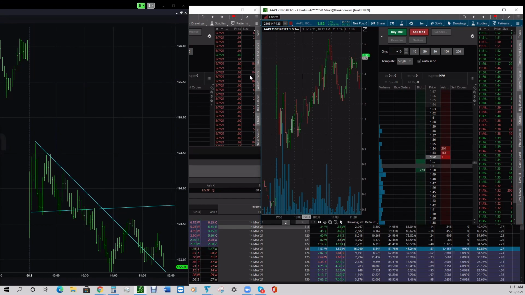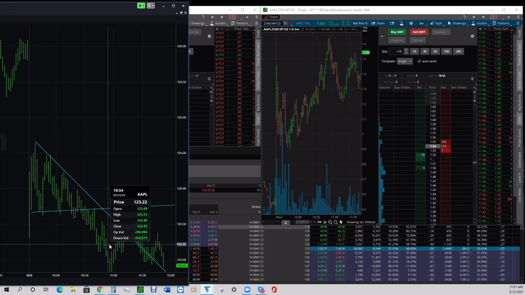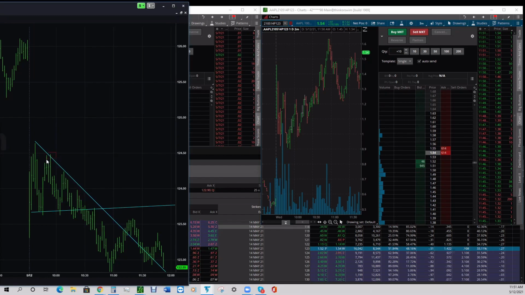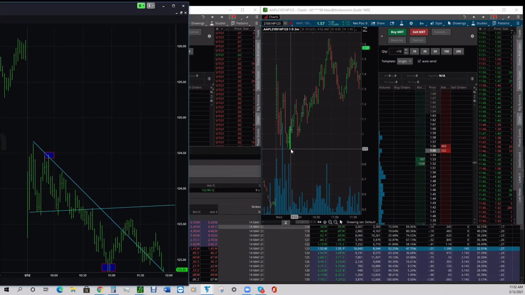And again, we're talking apples to apples. That was around 1.00, so around this area right here. So from there to there, you would have made $600 on 10 contracts on $1,000 invested.